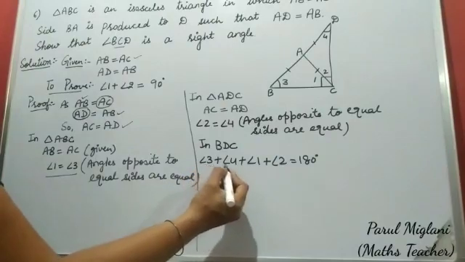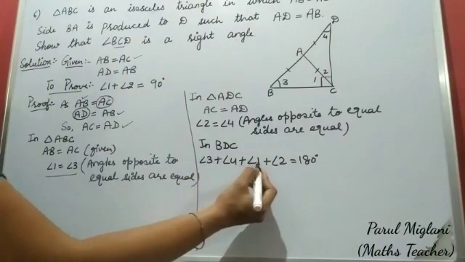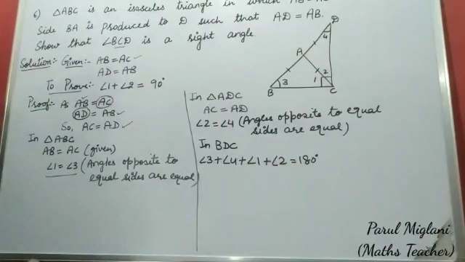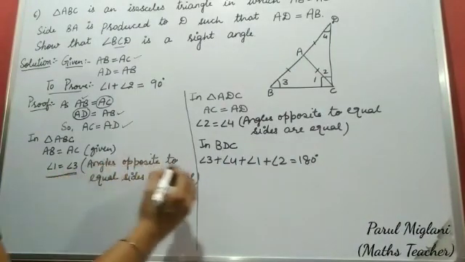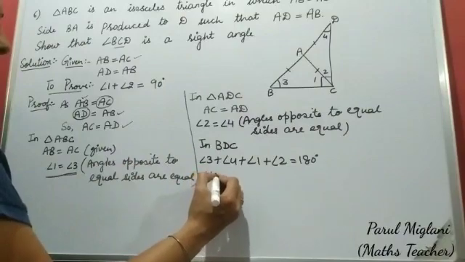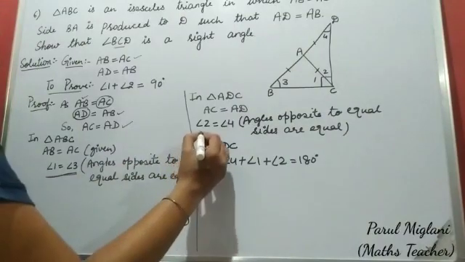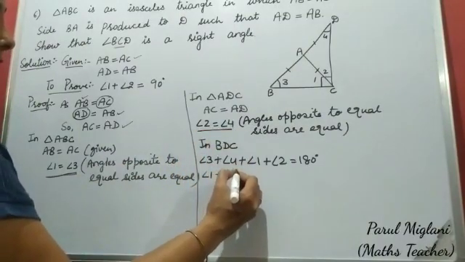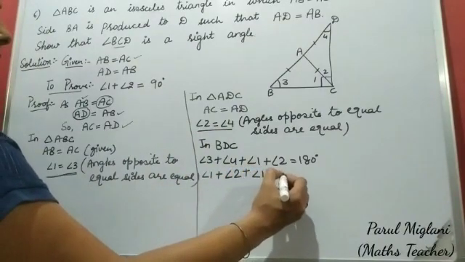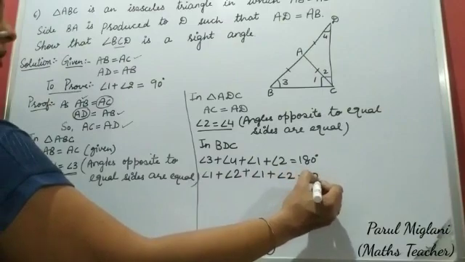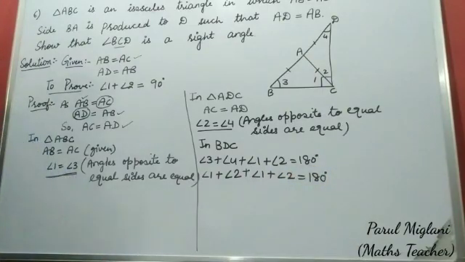But angle 3 is equal to angle 1, and angle 4 is equal to angle 2, so we can write here angle 1 plus angle 2 plus angle 1 plus angle 2 is equal to 180 degrees.